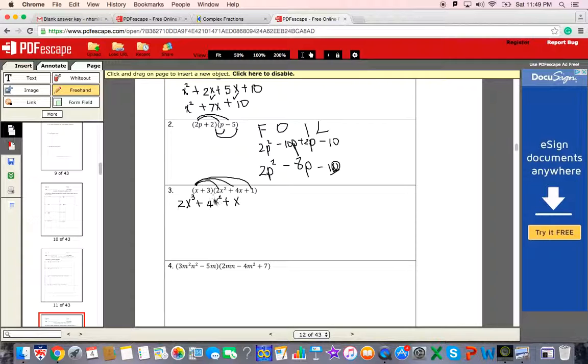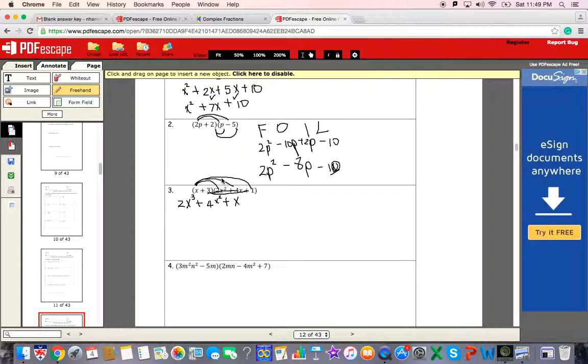Now, it appears I did not give myself enough space to deal with the 3, but I'm going to do so anyway. So now I'm going to take the 3 and multiply by each and everything in my other parentheses. So here we have 3 times, I think that was a 2x squared. Yes, I believe it was.